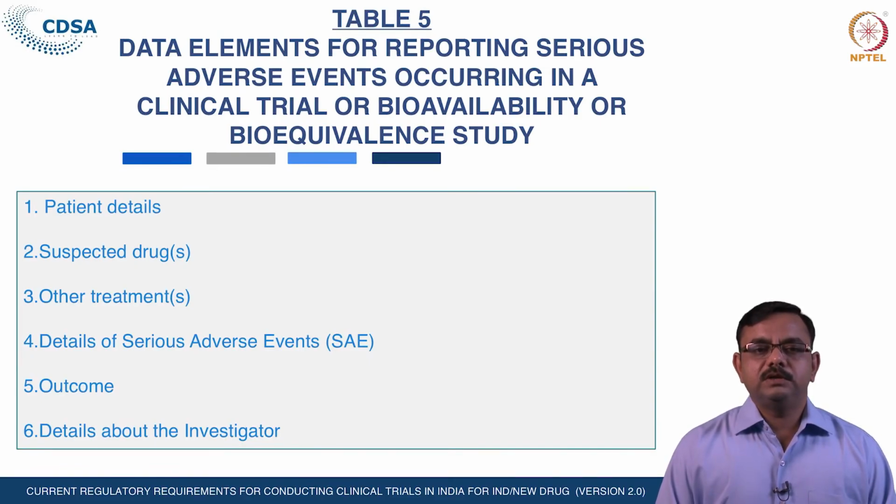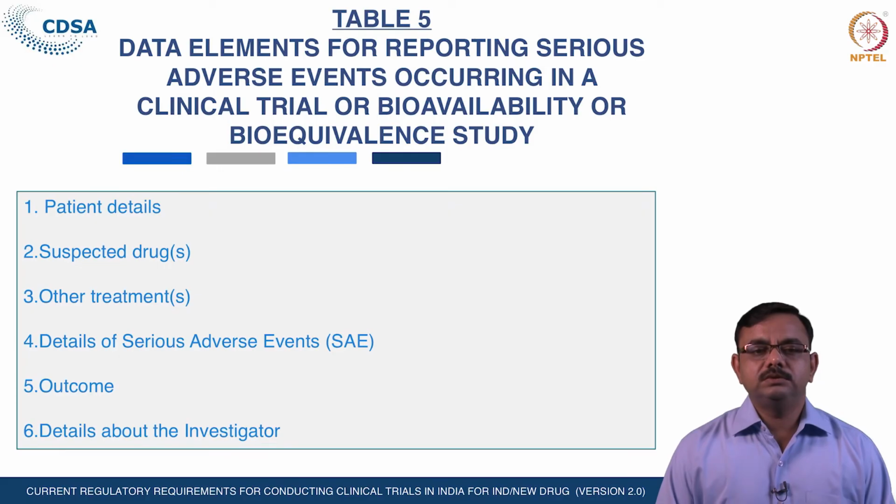Apart from this, whatever other treatment was provided, the details of that treatment are required to be submitted. And the important part is the detail of the SAE, like a full description of the event, including the body site and severity, as well as the criteria for considering the report serious, why it is serious.